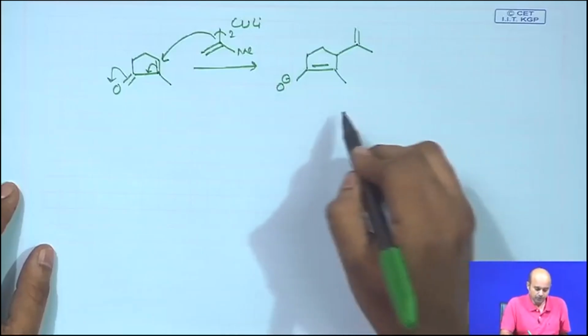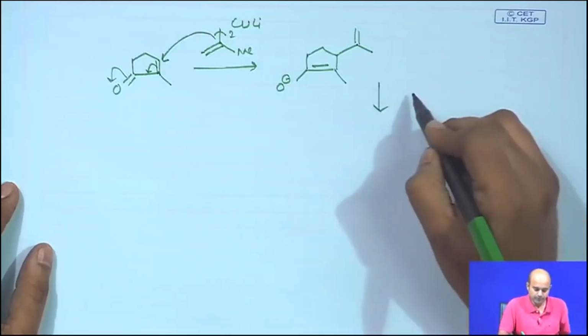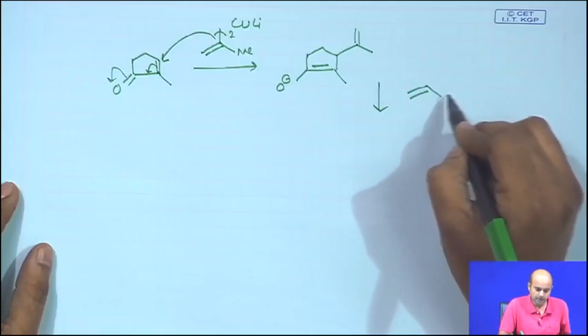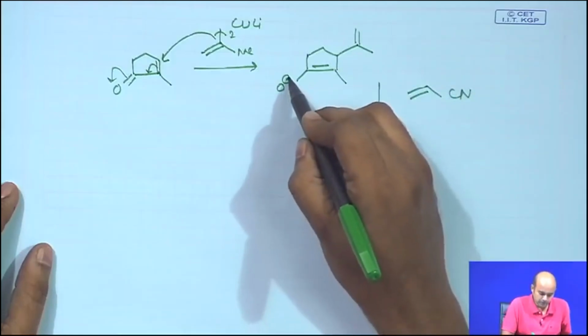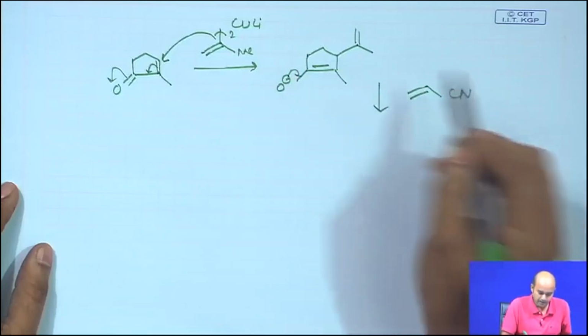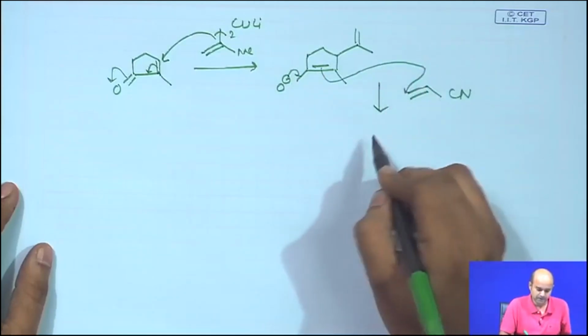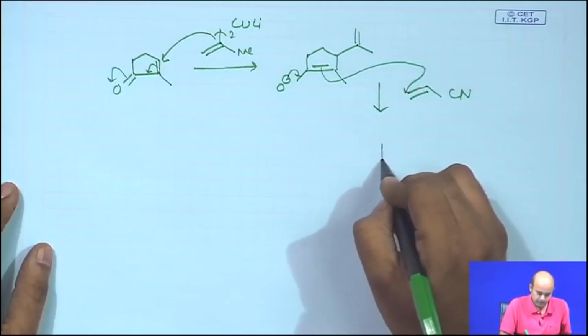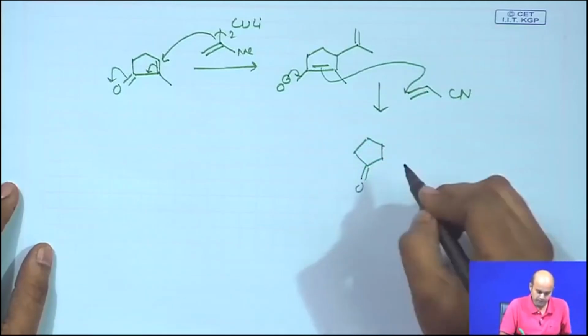Fine. So, now you can add this acrylonitrile as required. It can react in 1,4 fashion, and that will basically give you this.